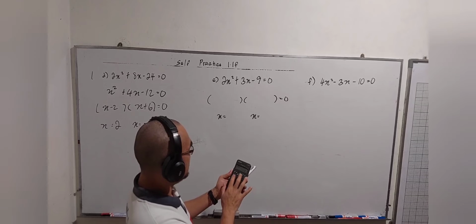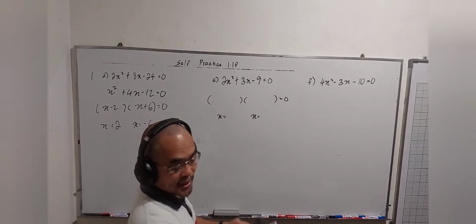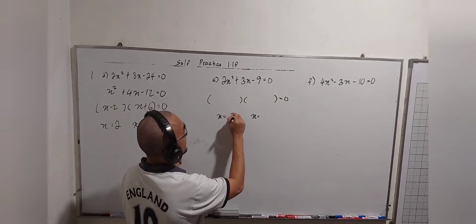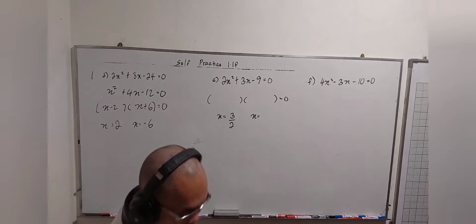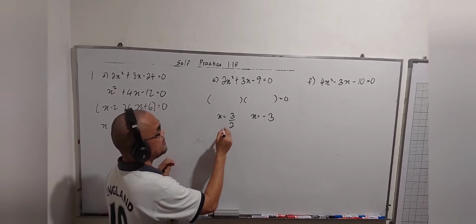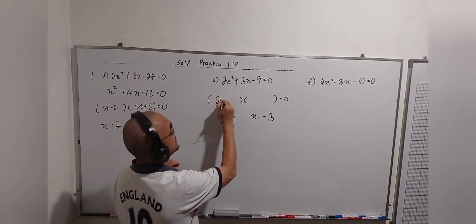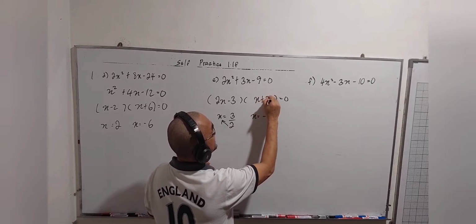Then you get 3 over 2. So the first value is 3 over 2, and the second value is negative 3. Okay, and the factorization is 2x minus 3, and here will be x plus 3.